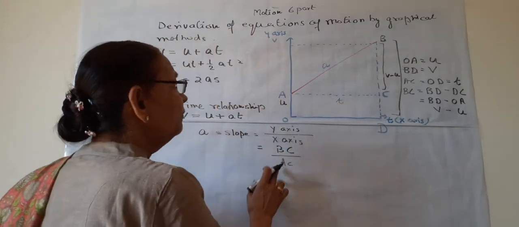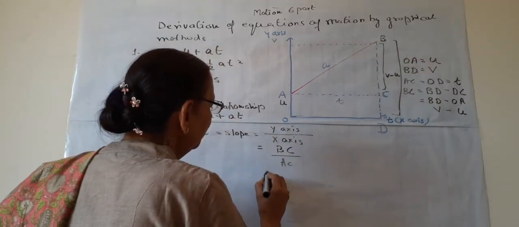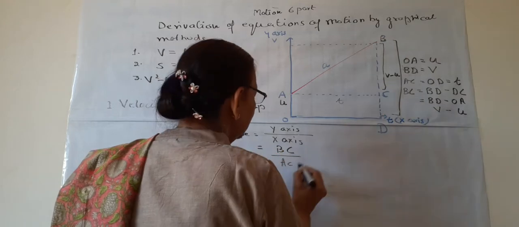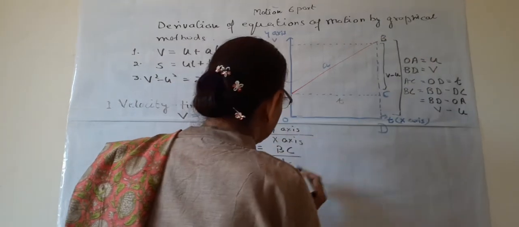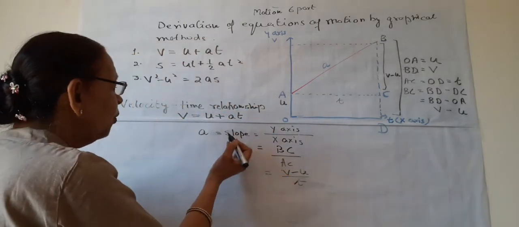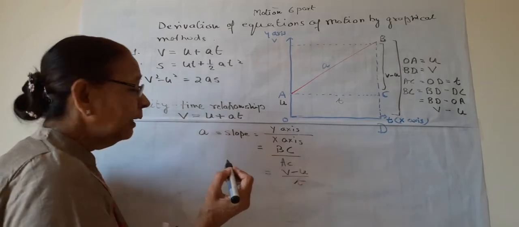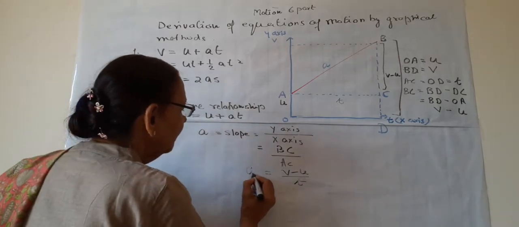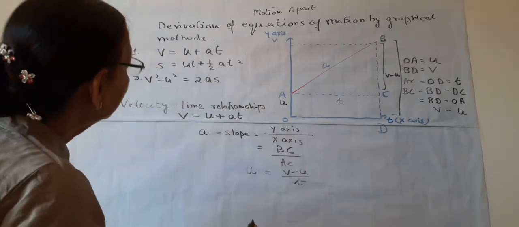Is it clear to all of you? BC upon AC. Now we know this BC is v minus u and this AC is t. It means the slope or acceleration is v minus u upon t. Now we get a is equal to v minus u upon t.